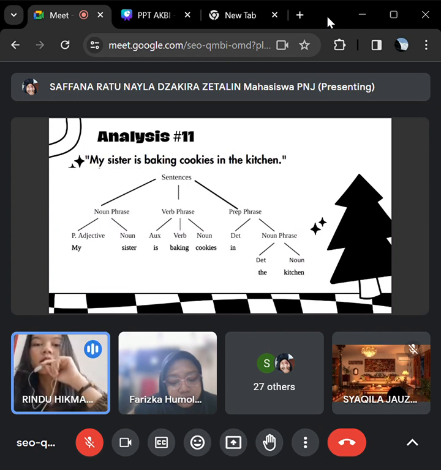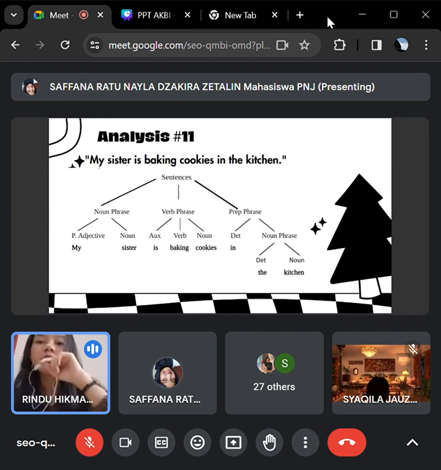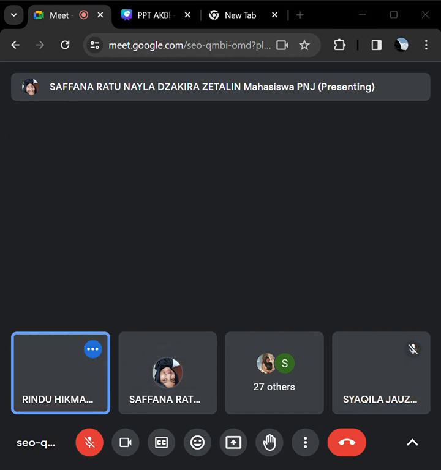So the first sentence is my sister is baking cookies in the kitchen. There are three branches. The first branch is noun phrase. My is possessive adjective, and sister is noun, and my sister is noun phrase.